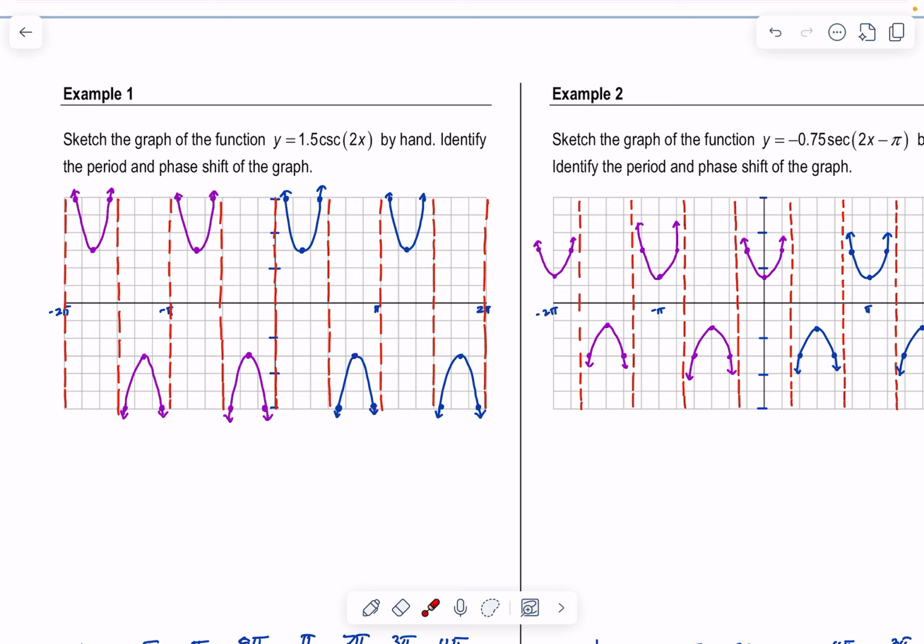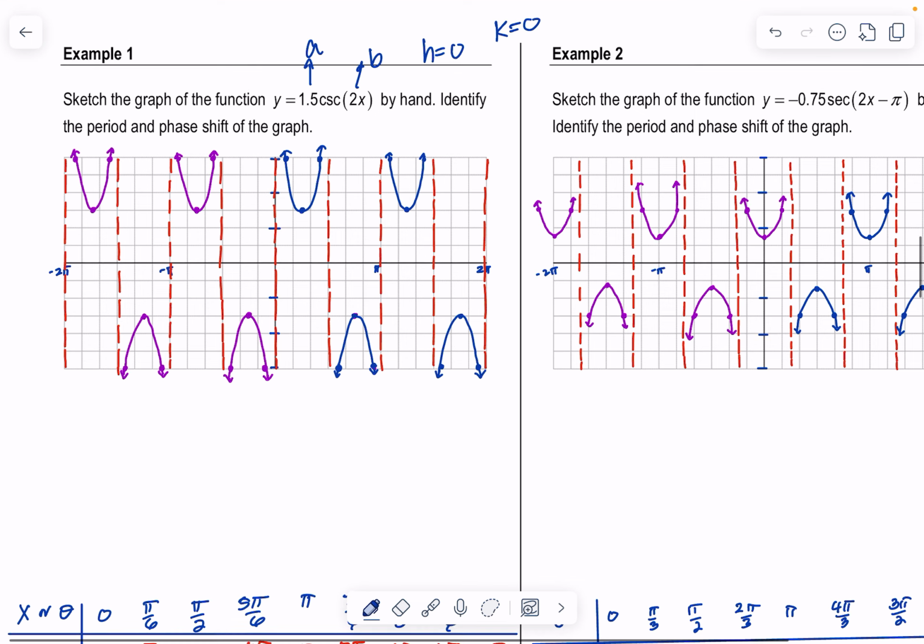So sketch the graph of the function y equals 1.5 cosecant. We're going to look at the cosecant values in the chart. We have 2x inside, and then identify the period and the phase shift of the graph. So this is our A, this is our B, H is 0, so there's no phase shift, and K is 0 as well.